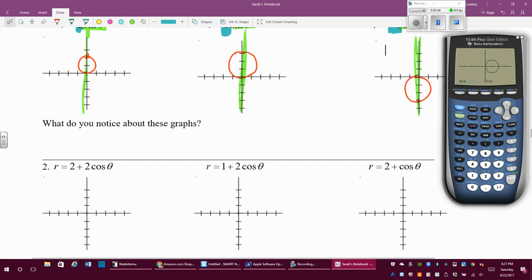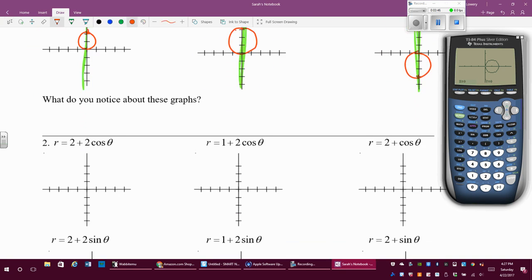So to sum this all up, we notice that these are all circles, and that our cosines were symmetric over x, and our sines were symmetric over y.